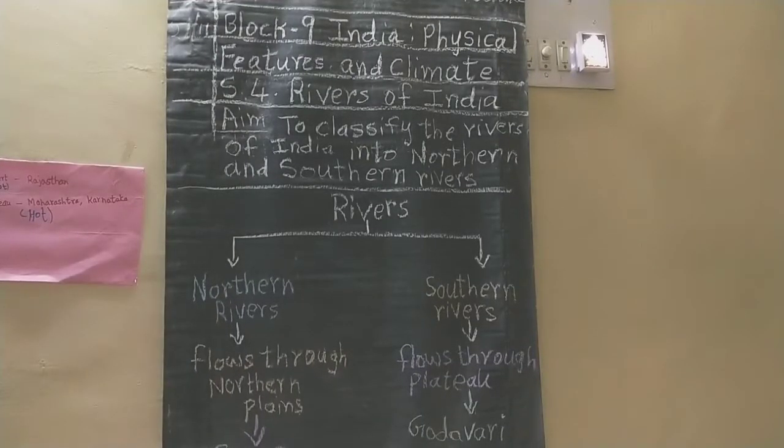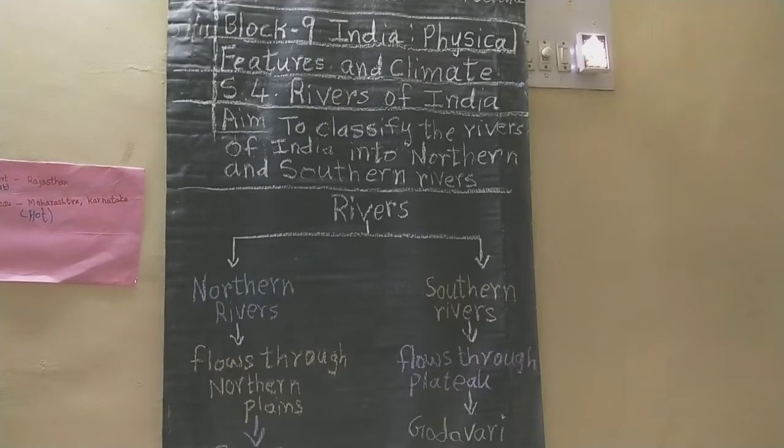Now, children, rivers are important water bodies as they provide water for drinking. Yes, we need drinking water, no? Another purpose: a river originates from the mountains. It comes from the mountains and flows towards the plains.